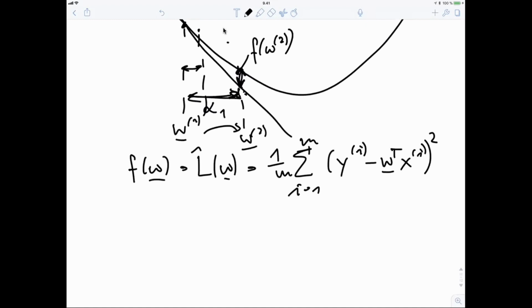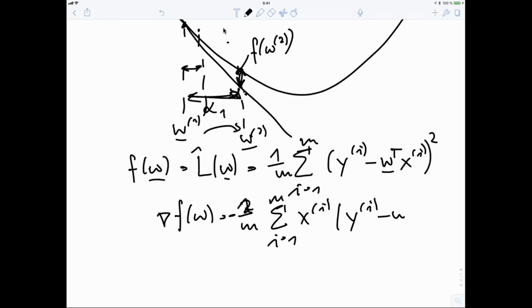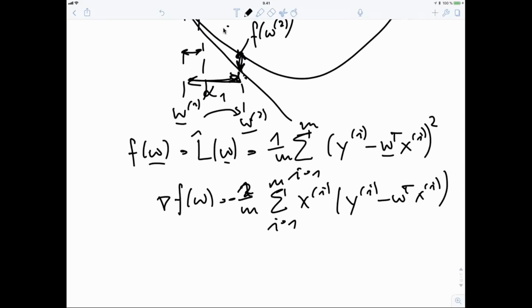So here, for example, we can find a closed form expression for the gradient. The gradient would be minus 2 over m sum i equal 1 till m of x_i times (y_i minus the prediction). So we get a nice formula for the gradient.